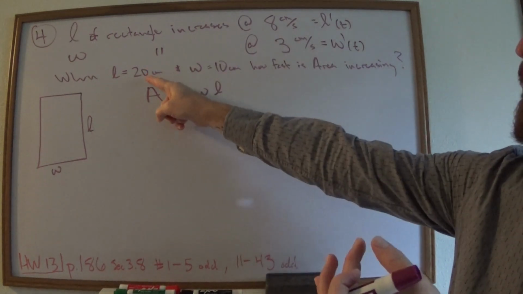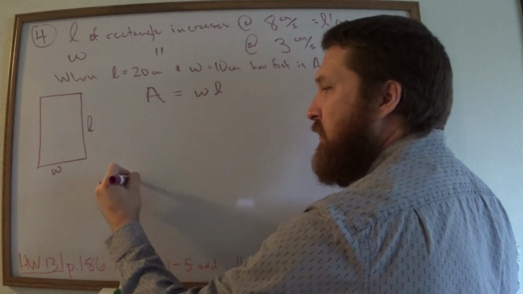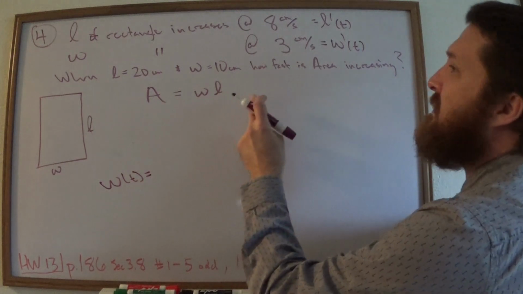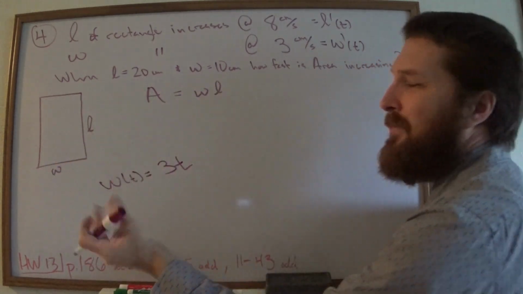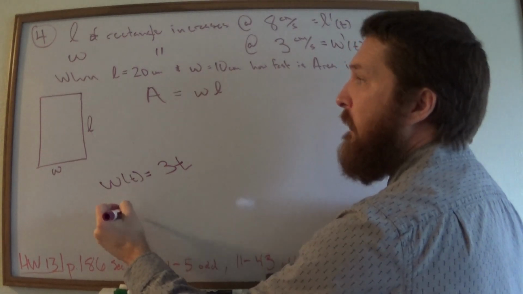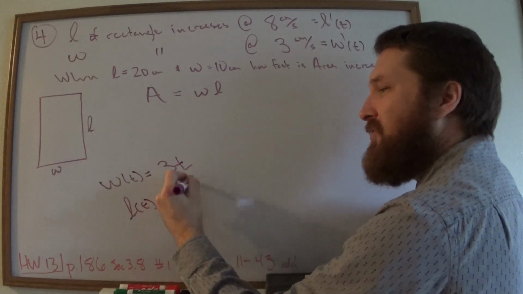I would turn this into a function, turn that into a function, so that I have an actual W of t equals, I guess its rate would have to be 3 times t, let's pretend it started at 0, it wouldn't matter. L of t, it's moving at a rate of 8, and we're assuming it's constant.